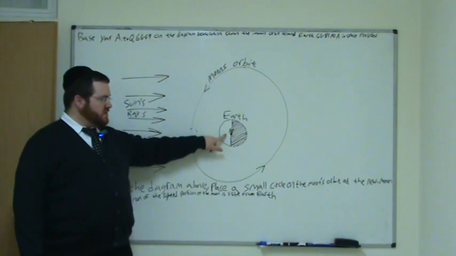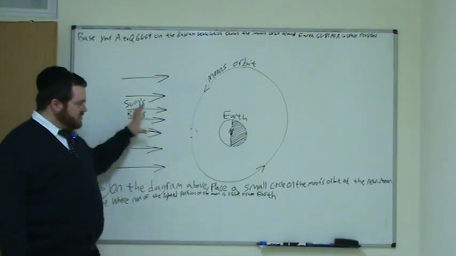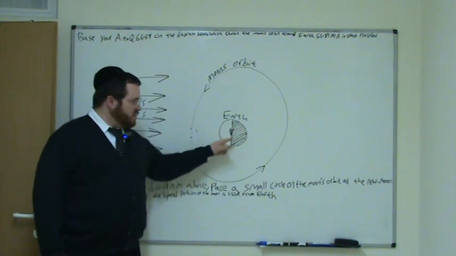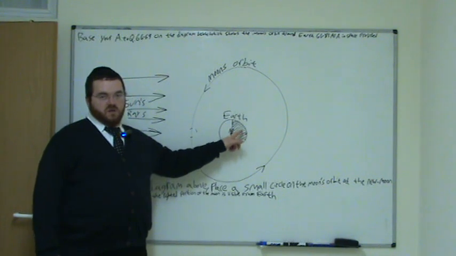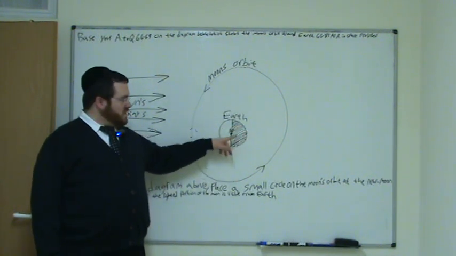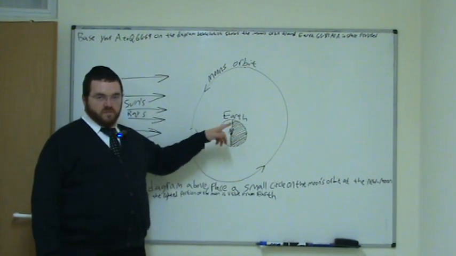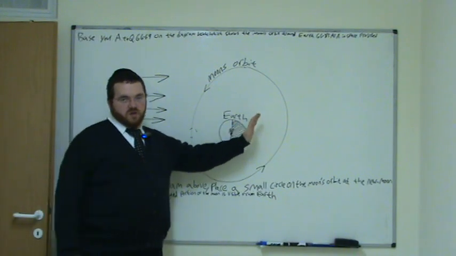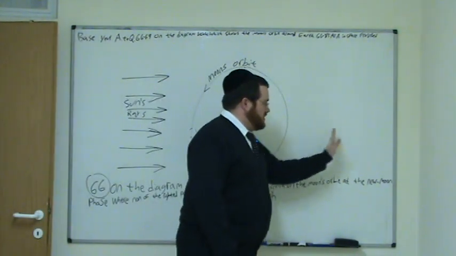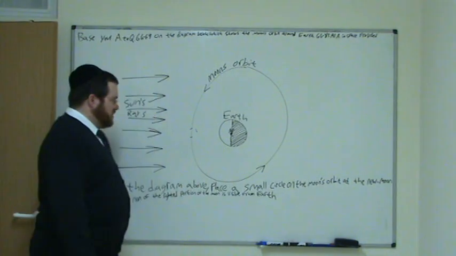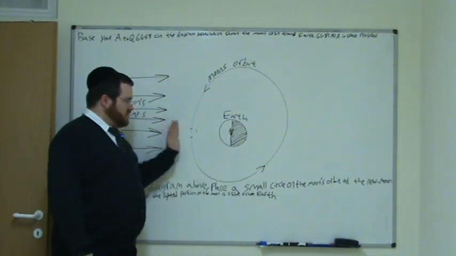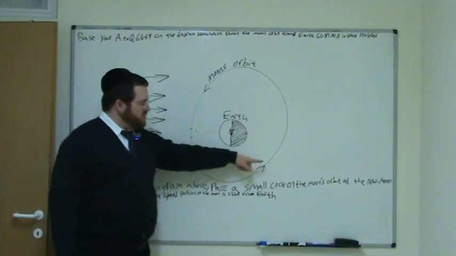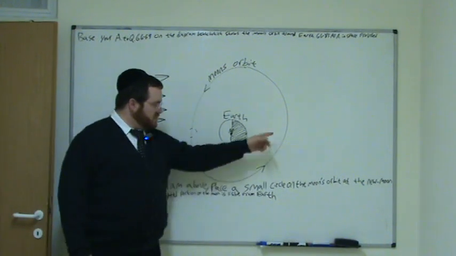The clear side is the daytime because the sun is shining on it. And the side with the lines on your test will just be dark. That's the nighttime, because the sun's rays are not shining on it, because the sun is not on this side, the sun is on this side. It's shining from this way. And this is the moon's orbit around the Earth.